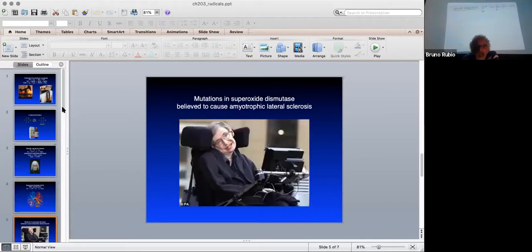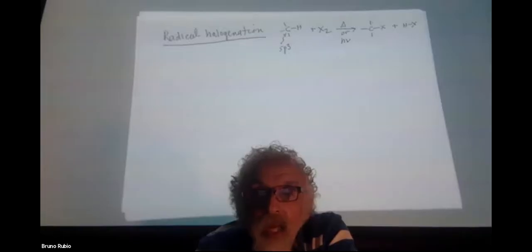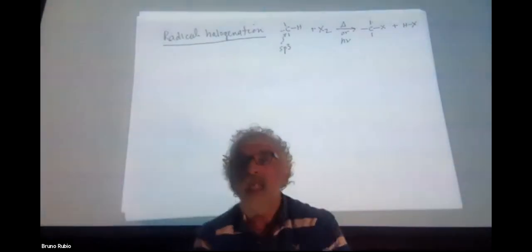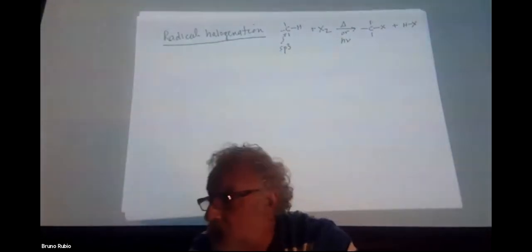Many people believe in several disease processes. For example, ALS, Lou Gehrig's disease, amyotrophic lateral sclerosis. Right, this is Stephen Hawking here, most famous person, I think, that had this disease, also Lou Gehrig. So radicals, very hot in the research world, figuring out how to minimize the damage that is caused by radicals.